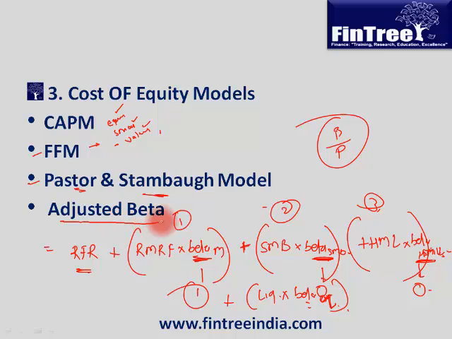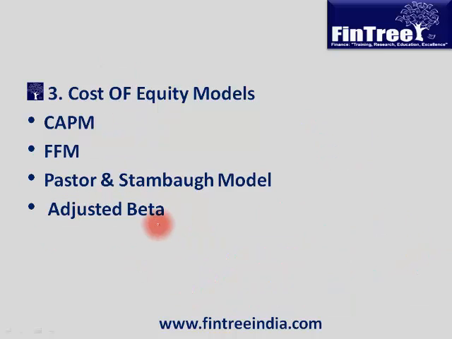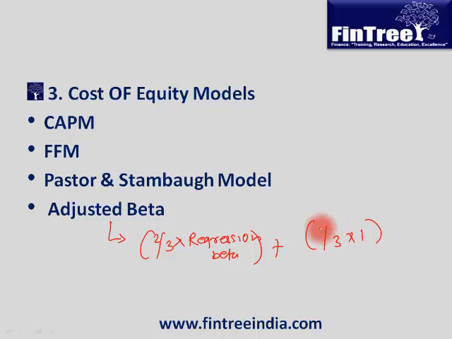Next one is adjustment of beta. We saw Blume's model for adjusted beta. What was the formula? 2/3 into regression beta, the beta that you have calculated, plus 1/3 into 1.